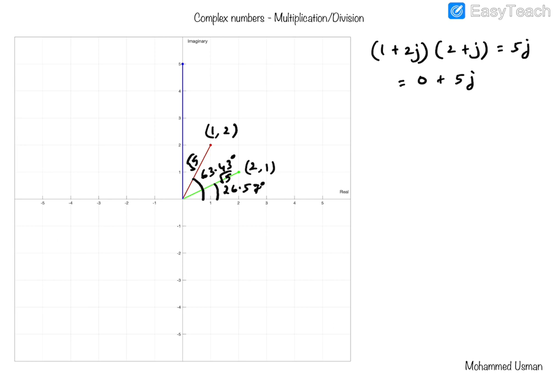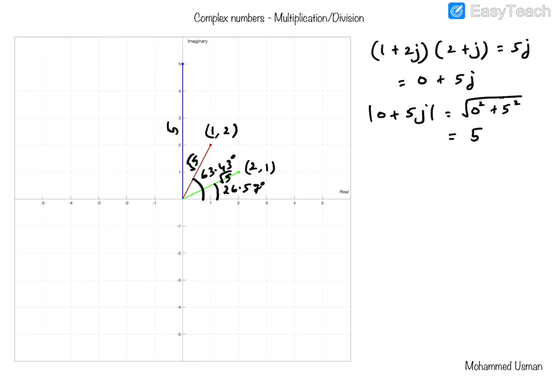So let's write down the magnitude of 0 plus 5j: it is square root of 0 squared plus 5 squared, which is basically equal to 5. So the magnitude of this product is 5. So that means it has a length of 5. Clearly, it has a length of 5 from 0 to 5.